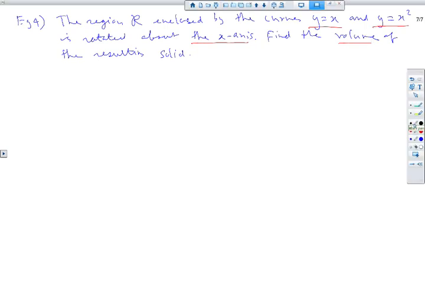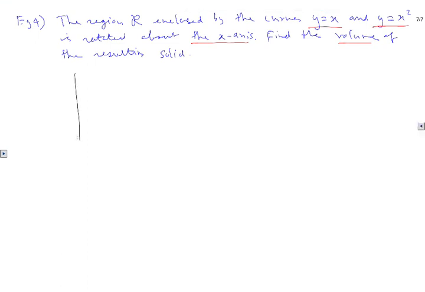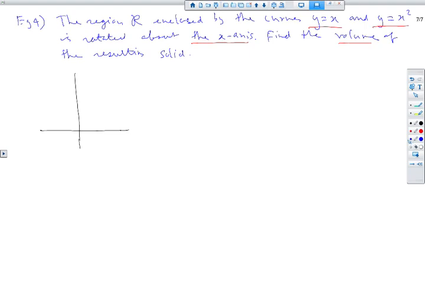So it's always a good idea to graph the corresponding curves, and also in the exam you're going to get some points for doing it, because there's no way you can do this without considering these graphs. So what is the first one? y equals x looks like that.